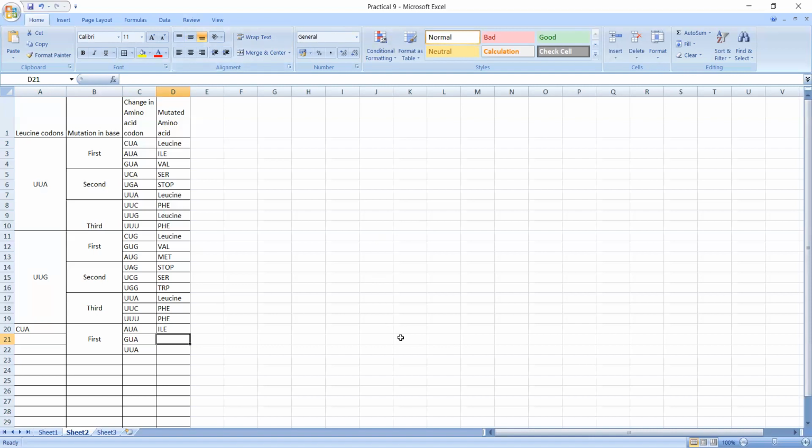Now next, GUA codes for valine, UUA codes for leucine. All right. Now let us see the second codon. Till now, I hope you all have understood how we are going to solve it, and you might have found it very easy. So it is CAA. That will be very easy for you if you solve with me.